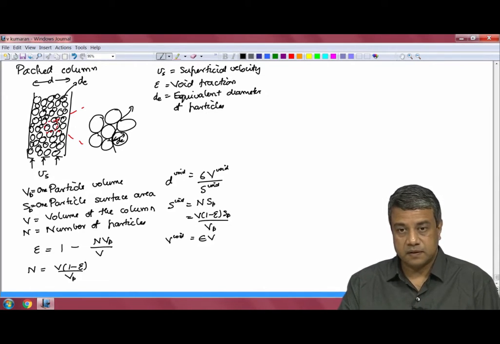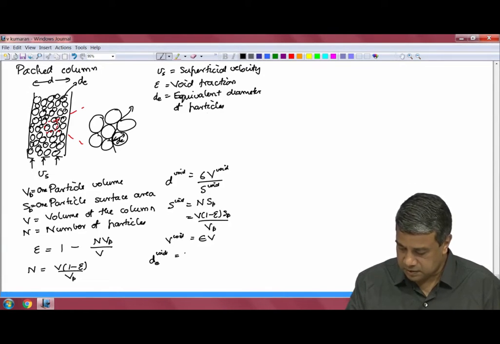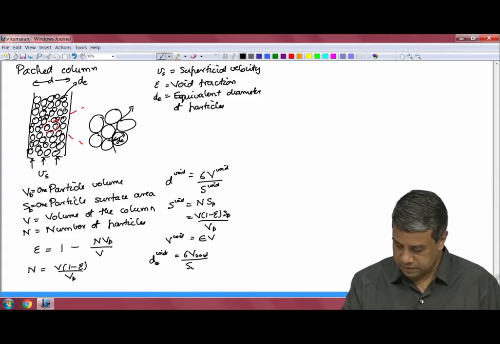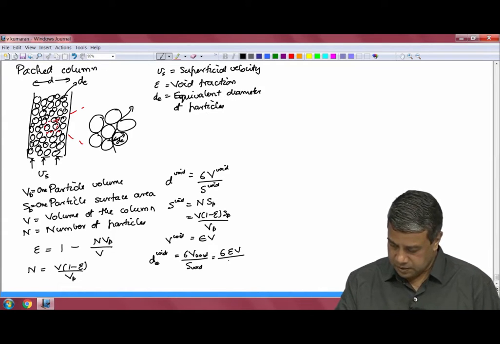Therefore, the equivalent diameter of the voids is equal to 6 V void by S, which is equal to 6 epsilon V by V into 1 minus epsilon into Sp by Vp.